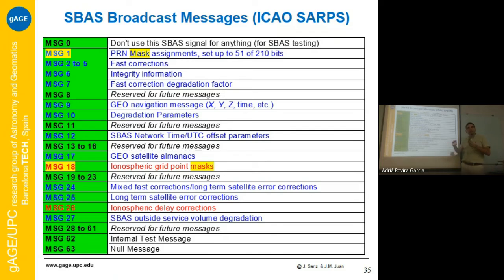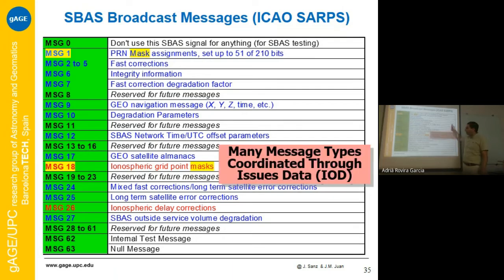And so it's telling us which grid points are active or not for the ionospheric correction. If we receive message 2 and message 3 or the 4 and the 5, we are receiving the clock corrections, what we call the fast corrections, and so on. Here we have the different information in the MOPS.